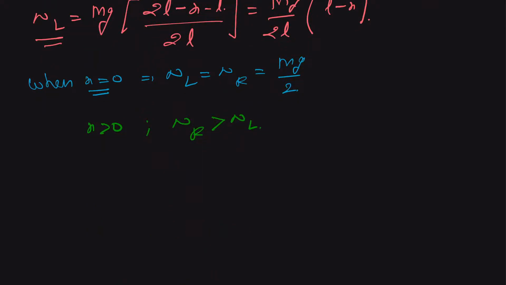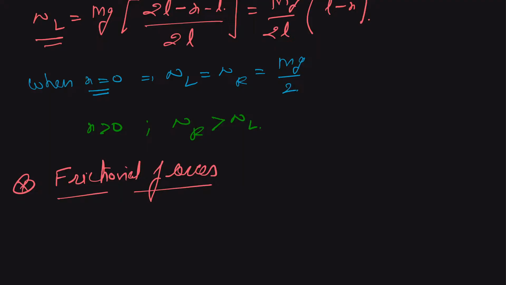Now we come to our frictional forces. In the question it is mentioned that the rollers are rotating rapidly, so therefore the bar's velocity is negligible compared to the roller's tangential speed.